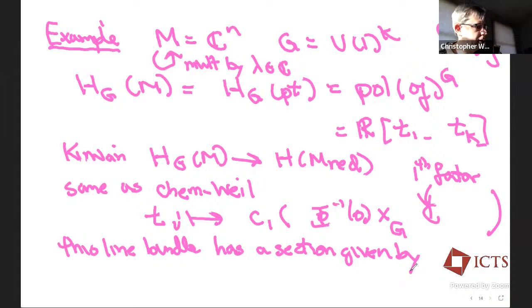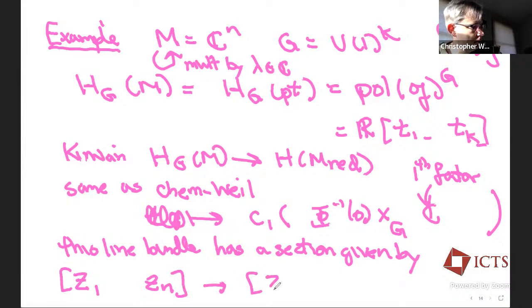If I take, yeah, this is not quite right. Okay, so I have these sections which are given by the ith factor of C. So this will be the image of the ith basis vector.